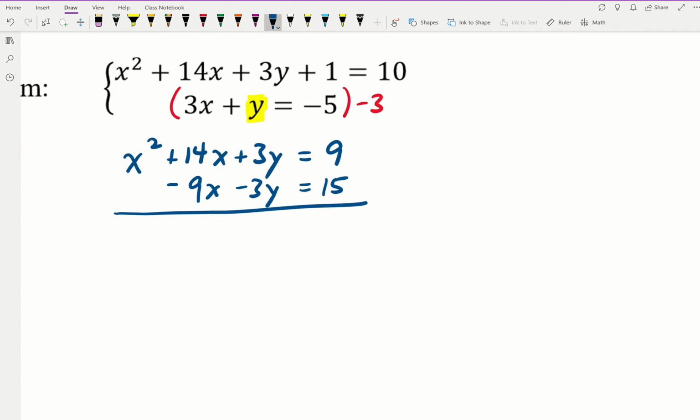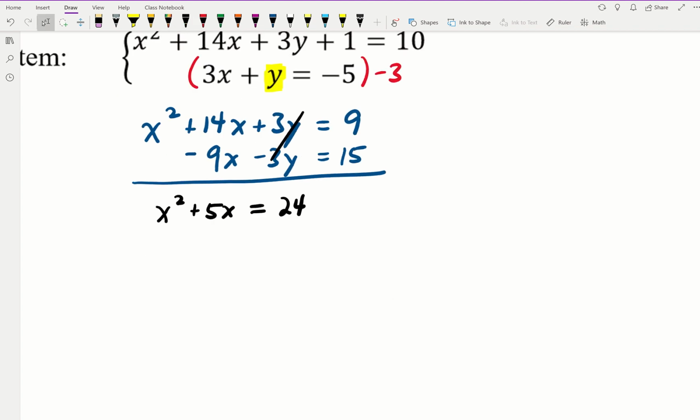Now we can add those two equations together, and we get x squared plus 5x equals, because the 3y's cancel, 24. To solve, I'm going to need to set it equal to 0. I'm going to subtract over the 24. All right, and then I know that this is something that I can factor.